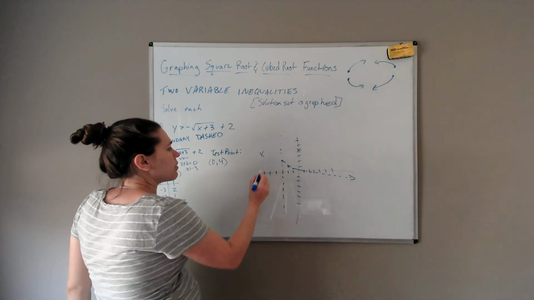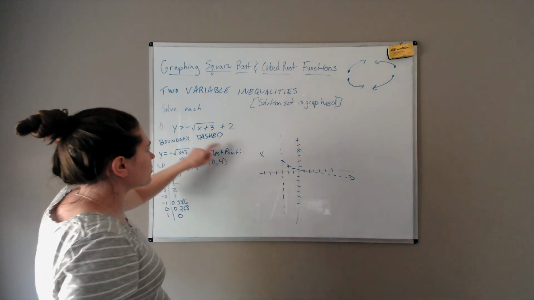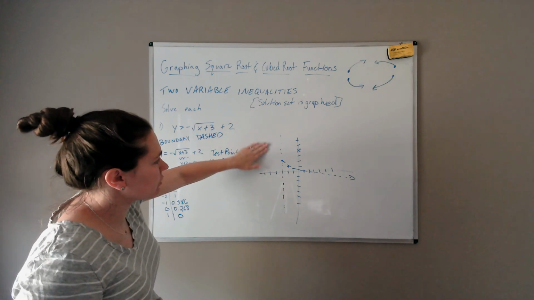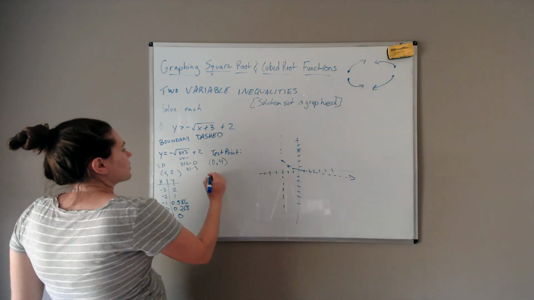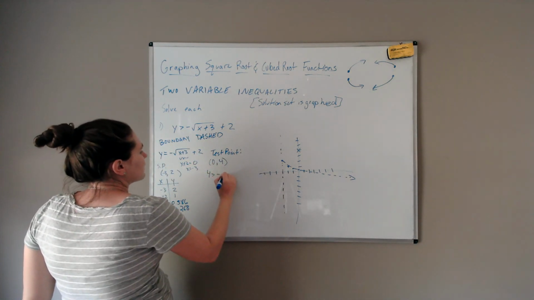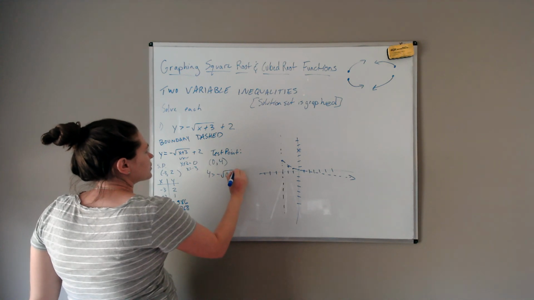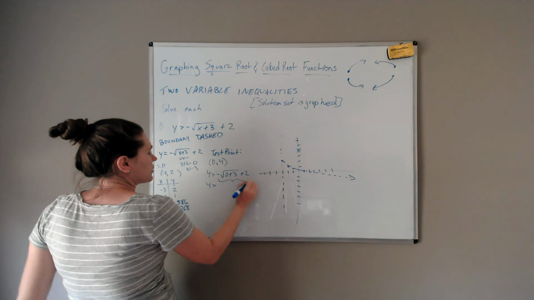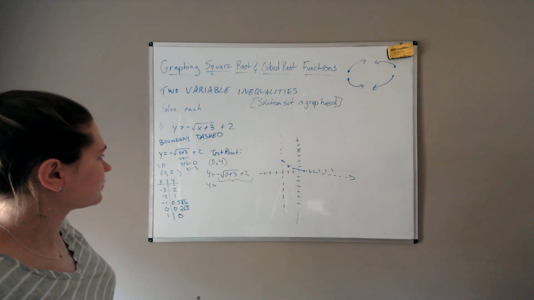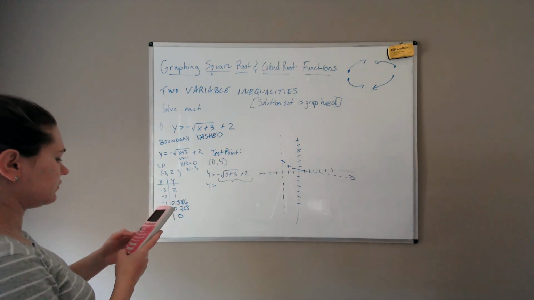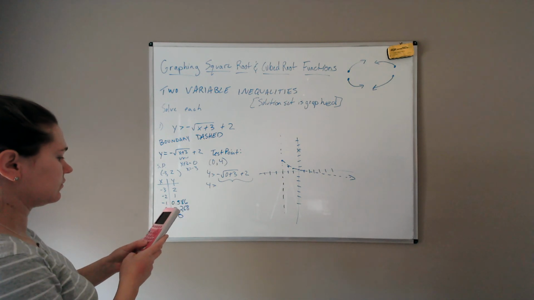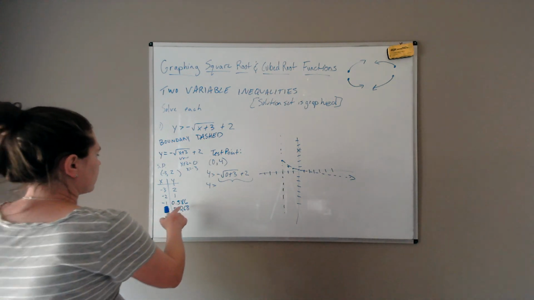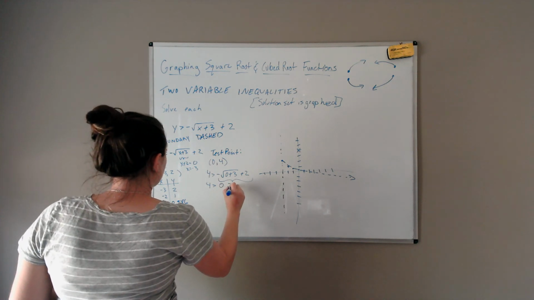You do not pick a point over here, because if you plugged it in you would not be able to evaluate it, since you would get the square root of a negative number. So we have to see: is 4 greater than negative the square root of 0 plus 3, plus 2? Put that in your calculator, and we get 0.268.